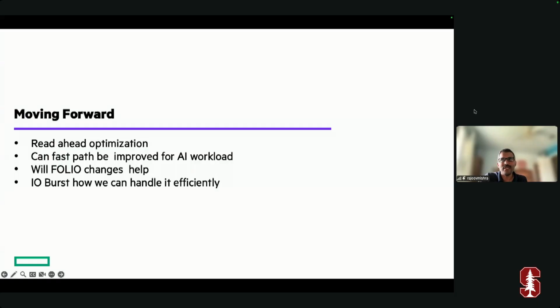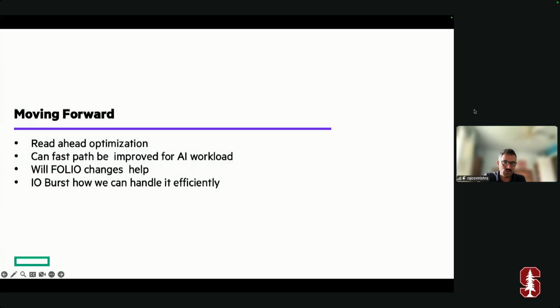We may also have to do more experiments on the fast path, to see if we can somehow make Lustre better with the AI workload, like caching it somehow, knowing that this is an AI workload, and depending on the pattern, we create a fast path for the AI workload.